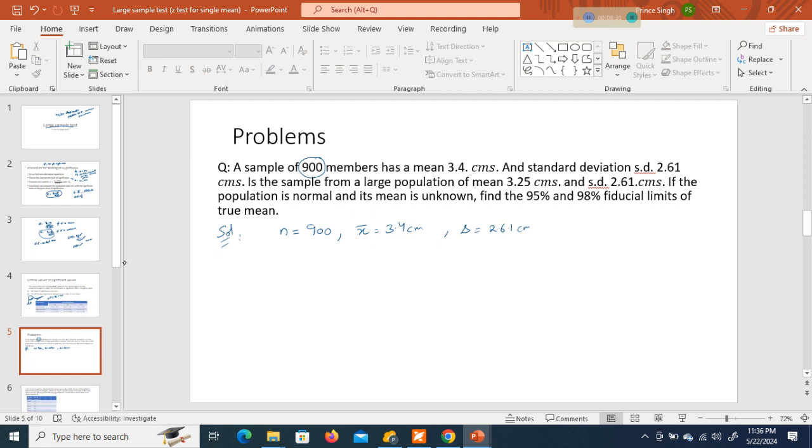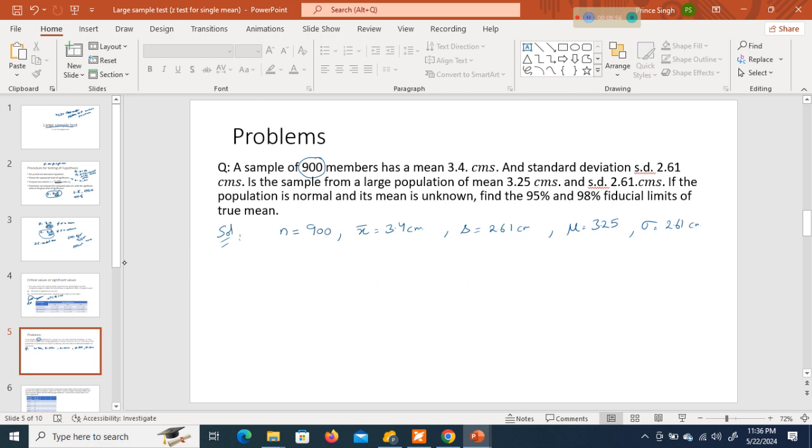Is the sample taken from a large population of mean 3.25 centimeter? So we want to test whether the sample has been drawn from a population whose mean, the population mean mu, is given here as 3.25 centimeter, and the population standard deviation is given as 2.61 centimeter. This is the first question.